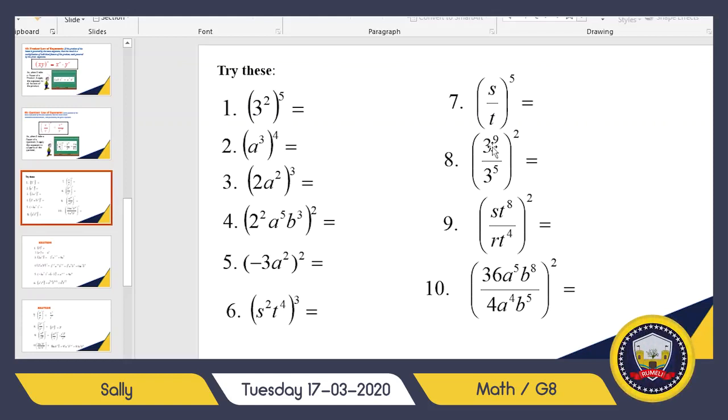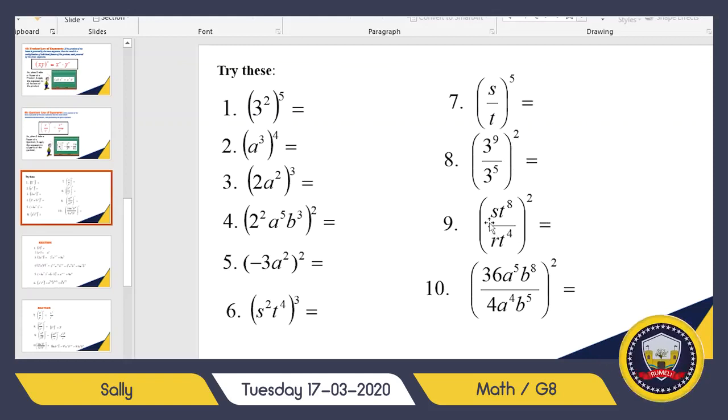So here 3 to the power of 9 divided by 3 to the power of 5, same base, they are divided, so before expanding anything, I will just subtract the powers. It means 3 to the power of 4, because 9 minus 5 is 4, 3 to the power of 4 all to the power of 2, which means 3 to the power of 8.